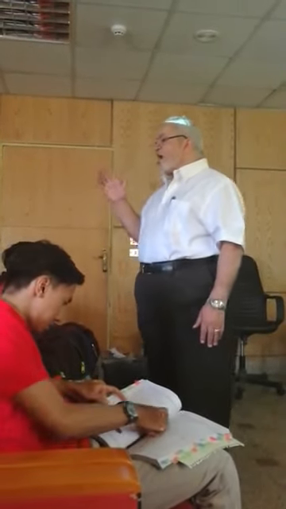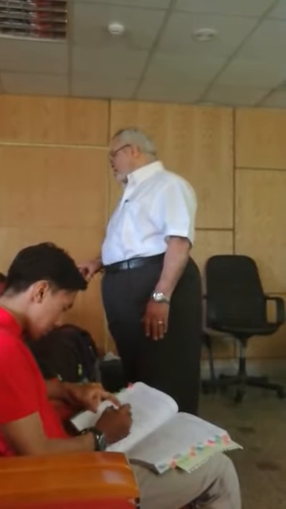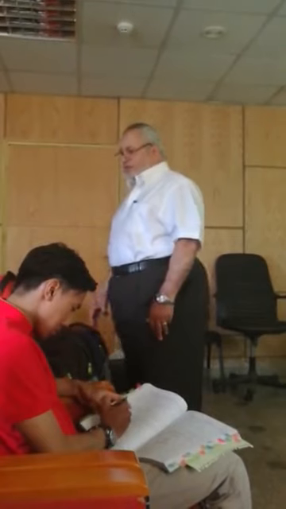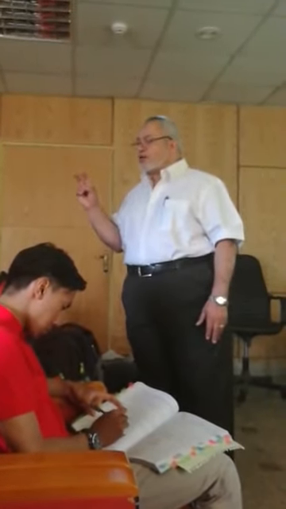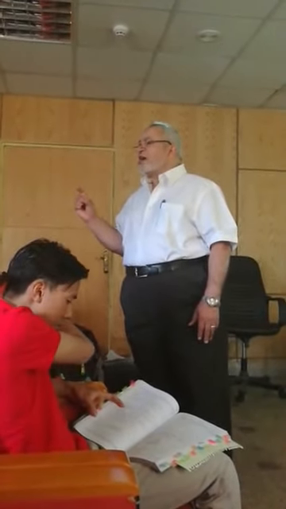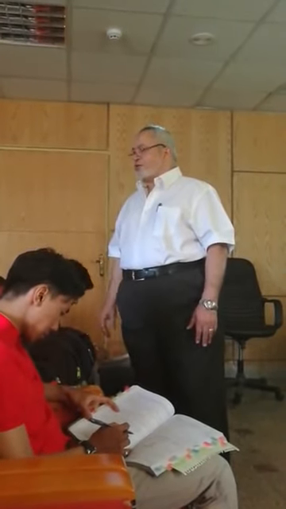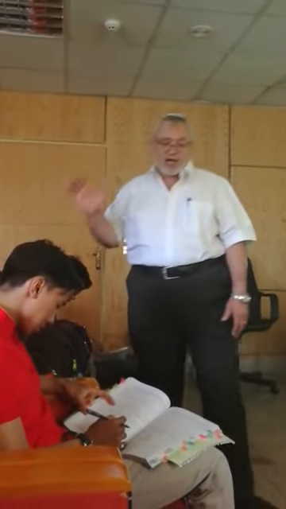So we have 5 cardiac diseases starting with the letter T. Number 1, transposition of great arteries. Number 2, total anomalous pulmonary venous drainage. Number 3, truncus arteriosus. Number 4, tetralogy of Fallot. Number 5, tricuspid atresia. These are the 5T which are responsible for central cyanosis in newborn.